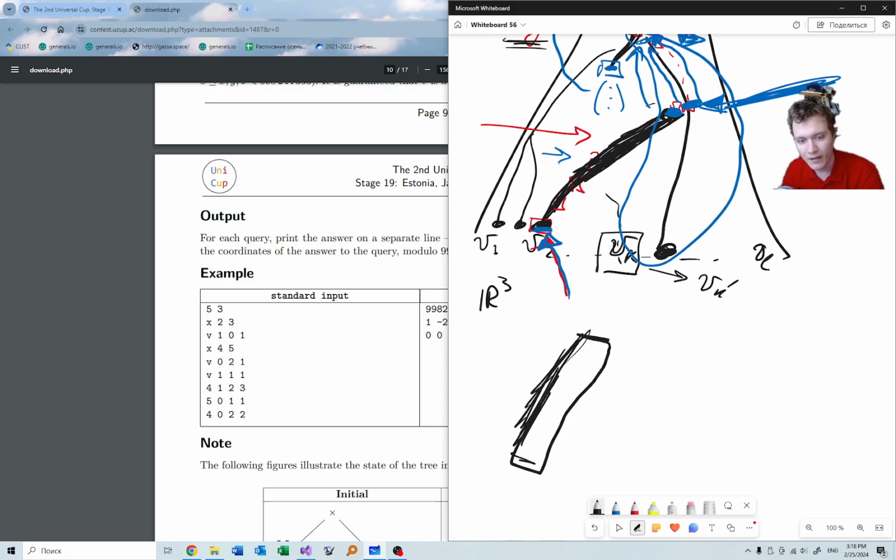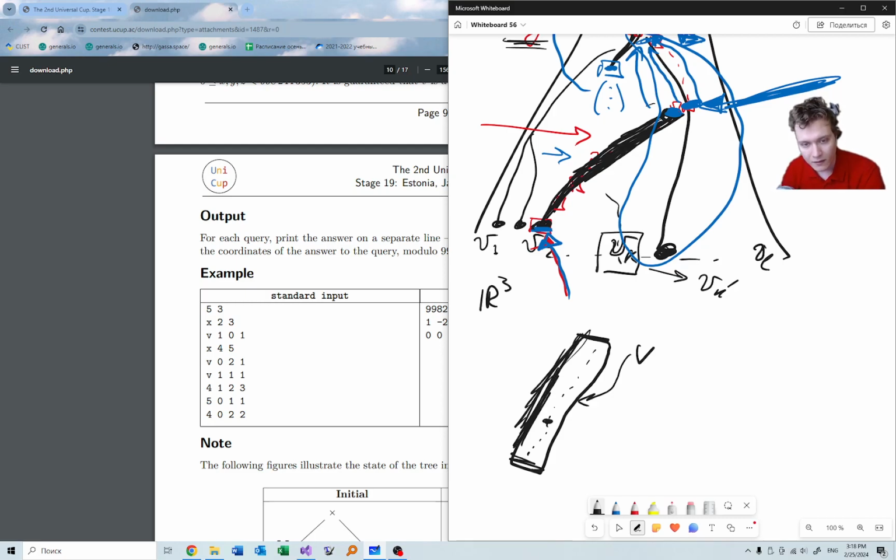So for each of the paths, we store. Let me think. What do we need? So first of all, for each vertex, we need to store the number of paths in which it lies and its index in this path. Okay?